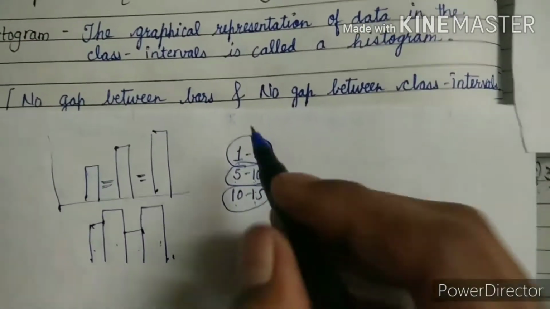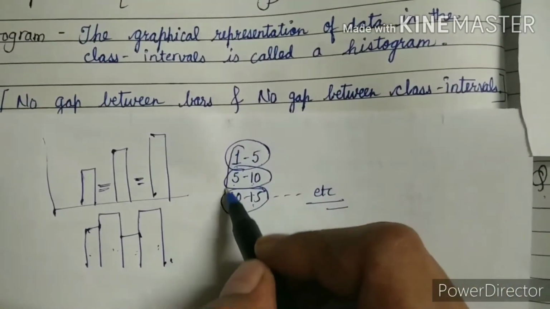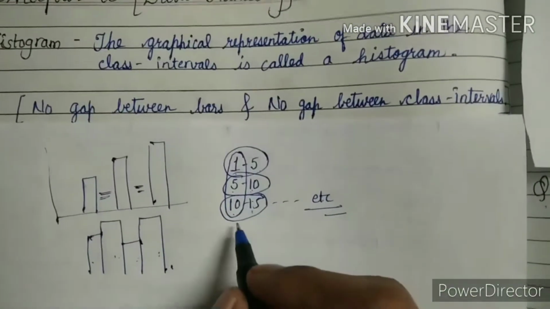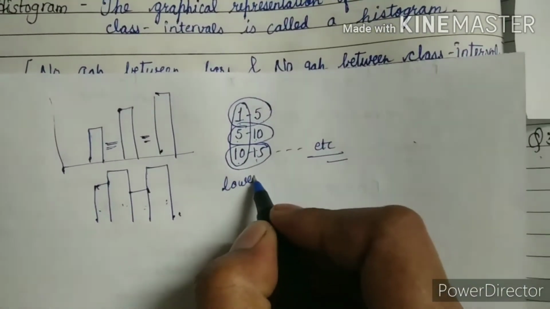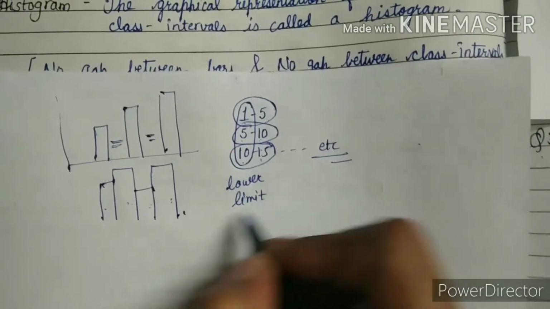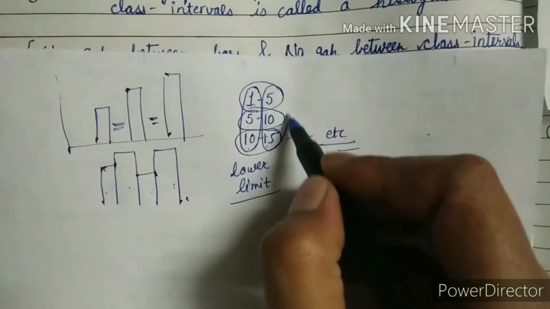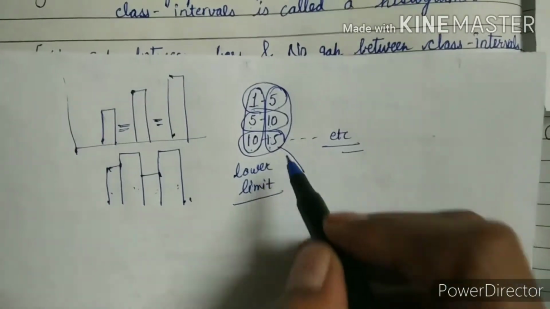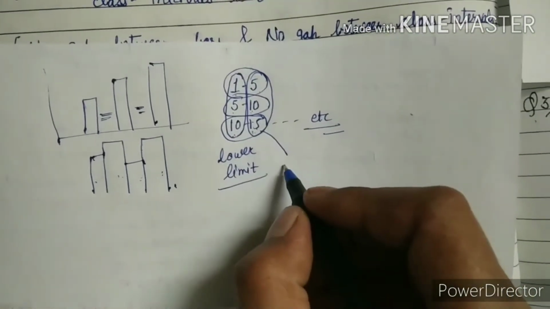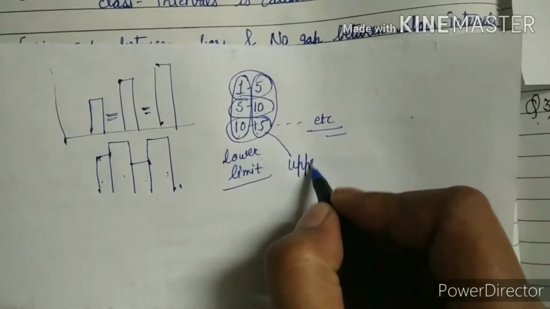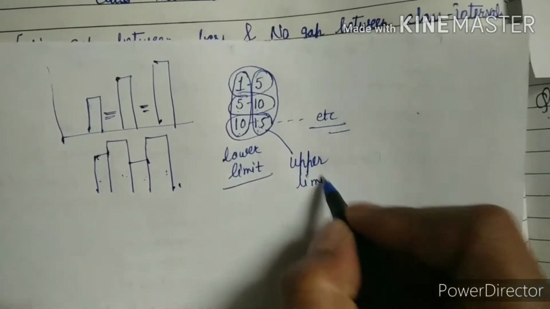The first value of the class interval is called the lower limit, and the last value of the range in the histogram is called the upper limit.